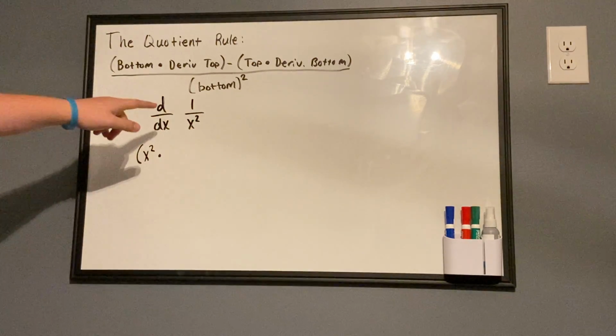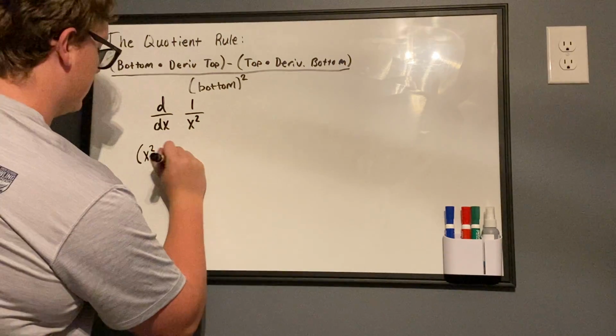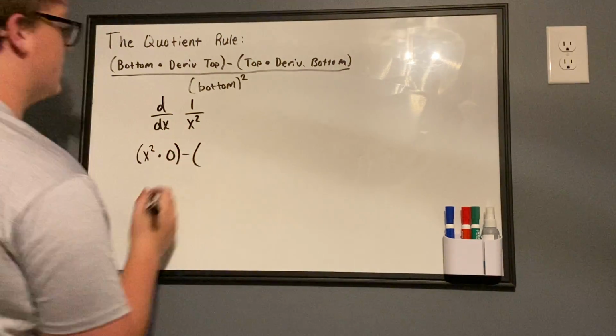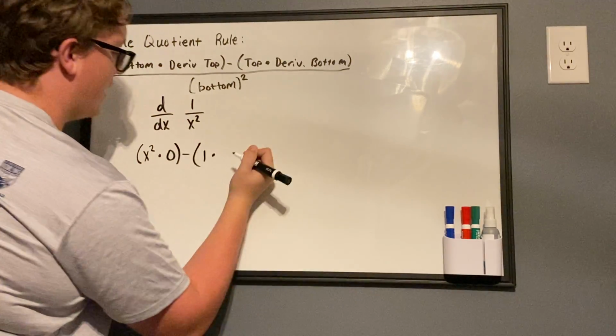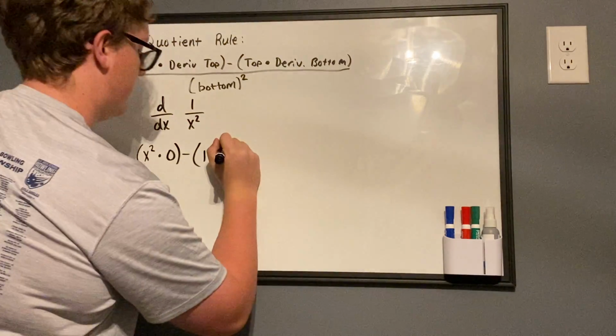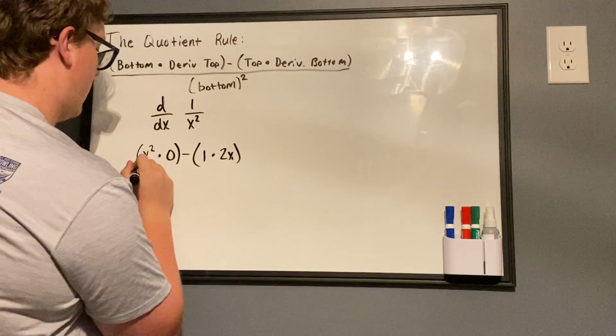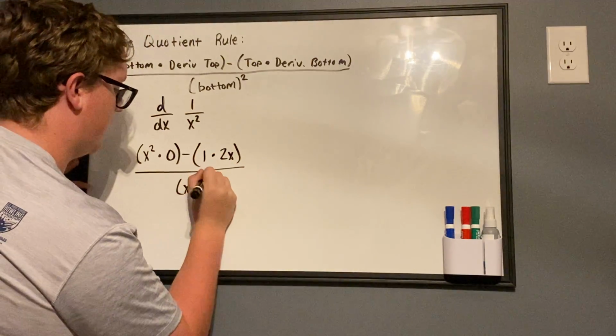Well, the derivative of 1, that's just a constant, so it's going to be 0. So this is 0, minus the top, which is 1, multiplied by the derivative of the bottom, which is going to be 2x, using the power rule. And all of this is going to be over x squared squared.